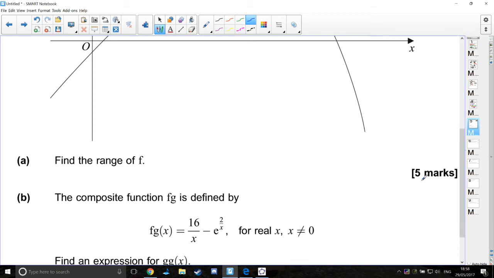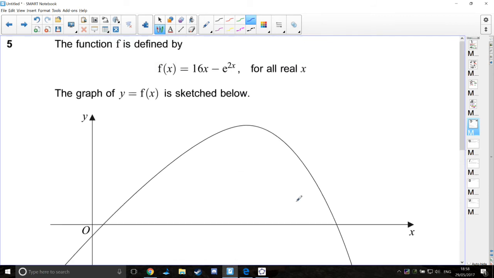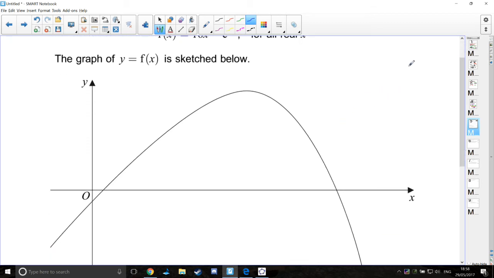So let's have a little look at this function again. Here we are, it's sketched like this, and it's 16x minus e to the 2x. And we want the range. Now that means we're asked to find out, is it bounded above or bounded below? Like, what's the highest thing it can get to? What's the lowest thing it can get to?